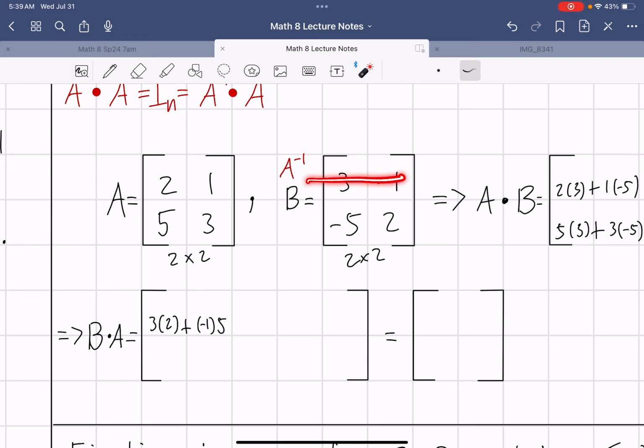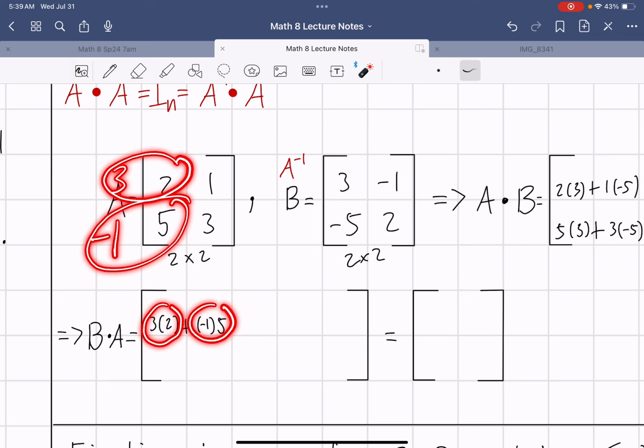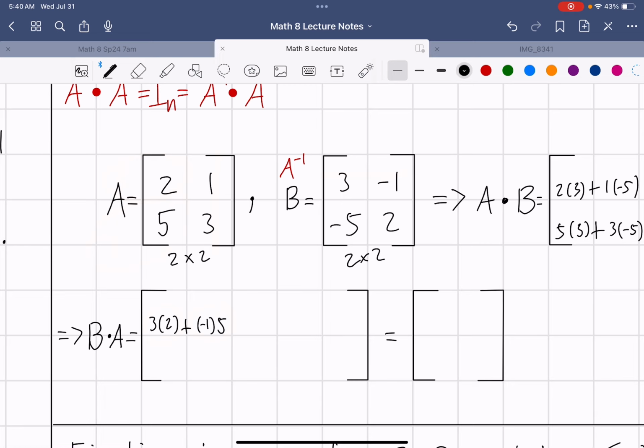So first row, first column, right? 3 and negative 1. So 3, 2 is here, negative 1, 5 is here. Now I need to take this first row and multiply the second column. So that's going to be 3 times 1 plus negative 1 times 3.